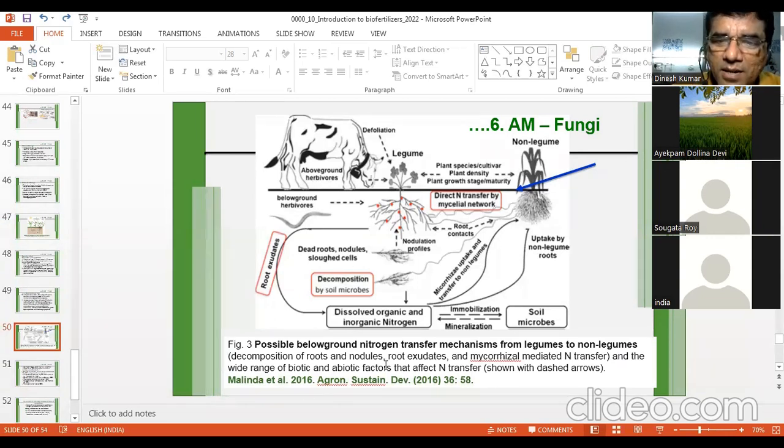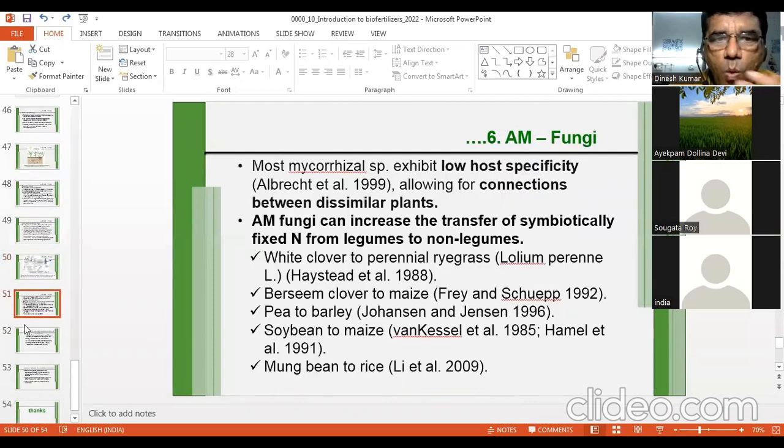I have given the complete reference here. Most mycorrhizal species exhibit low host specificity, allowing connection between dissimilar plants. Even oilseed can be connected to a legume through this mycorrhiza. A lot of studies have been conducted on this aspect.